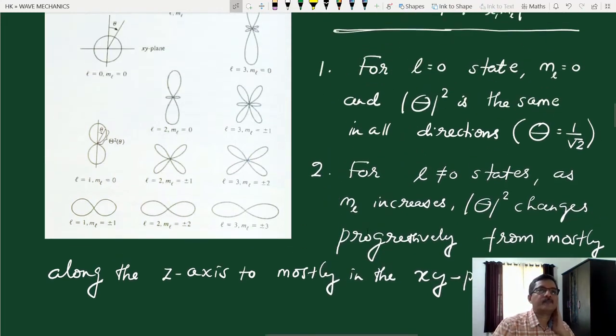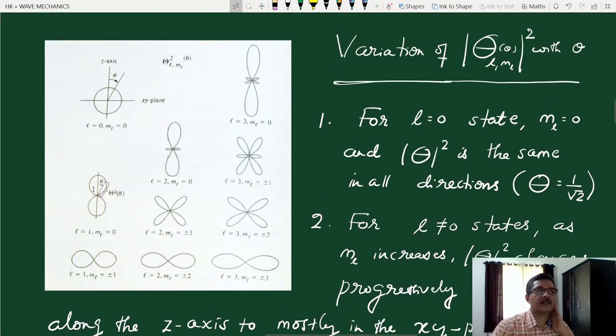What does it mean? Let us look at the figure again. Consider the L equal to 1 case, a P state. Now it has ML 0 value and ML plus or minus 1. Look at the plot of mod theta square. For ML 0, the probability density is mostly along the z-axis. The lobes are mostly along the z-axis. But when you come to ML plus or minus 1, both plus 1 and minus 1, the figure is similar.